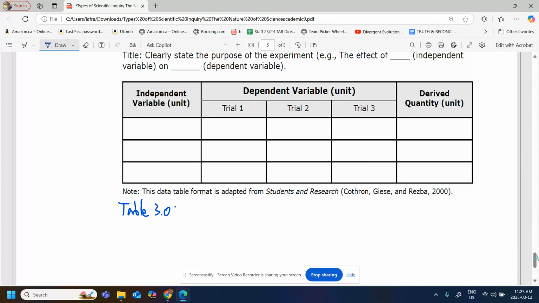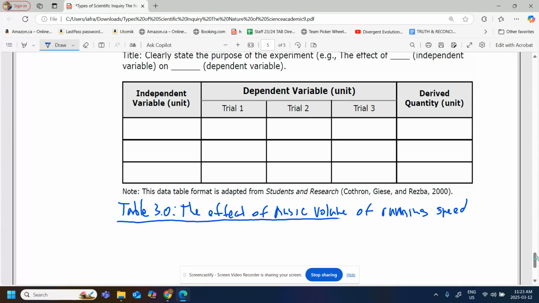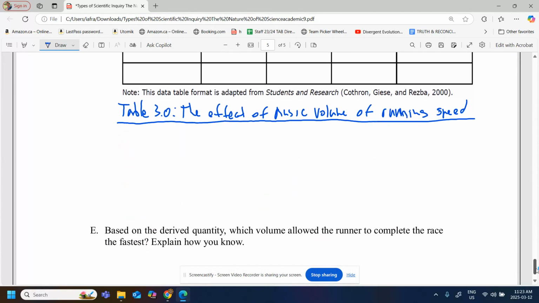So table 3.0, the effect of music volume on running speed. Okay, so that would be our title, and now you would underline it with a ruler. It's hard to use a ruler on the computer here.